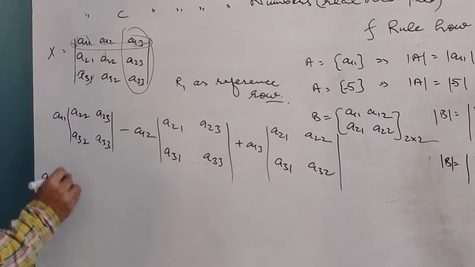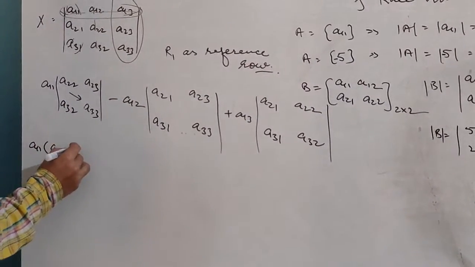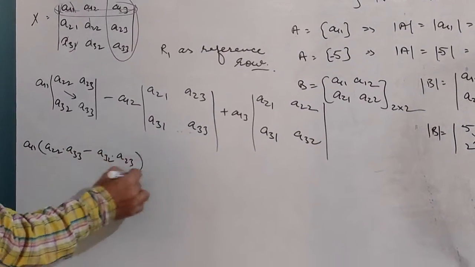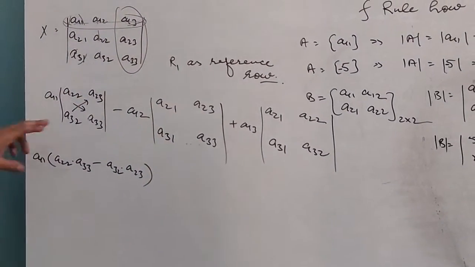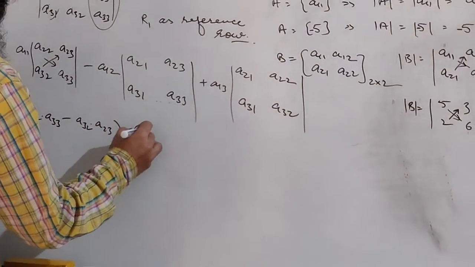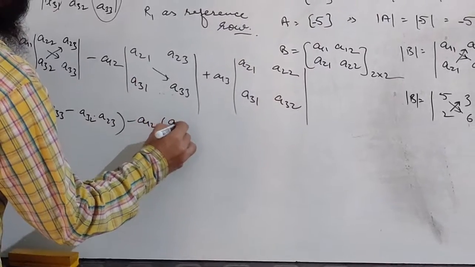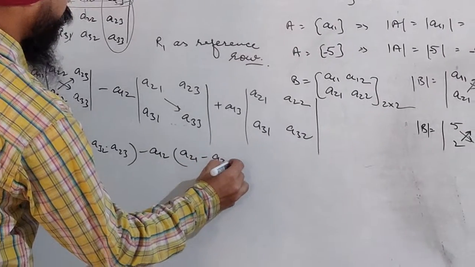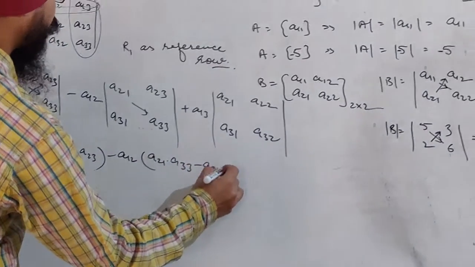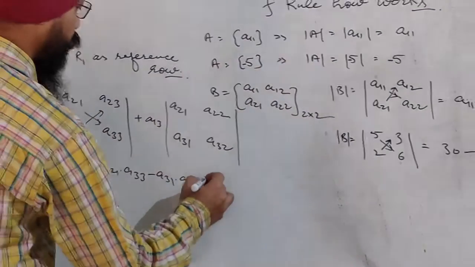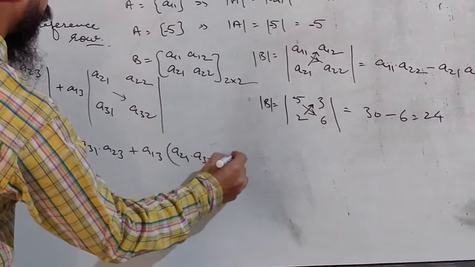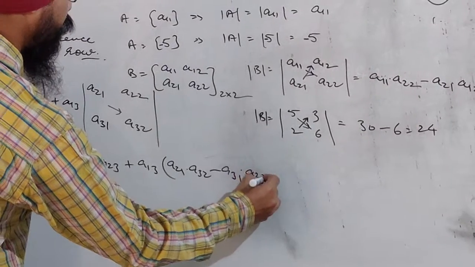Now a11 into (a22 into a33 minus a32 into a23). Whenever you multiply from bottom to top, a negative sign will have to be introduced, mind it. Secondly, minus a12 into (a21 into a33 minus a31 into a23), plus a13 into (a21 into a32 minus a31 into a22).